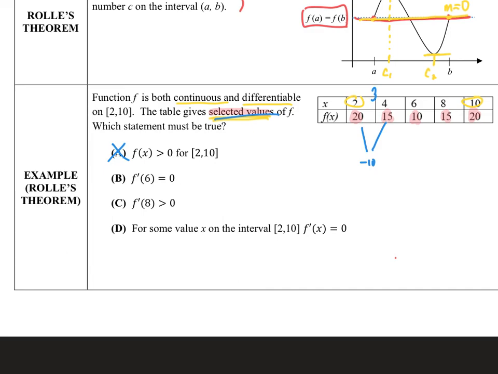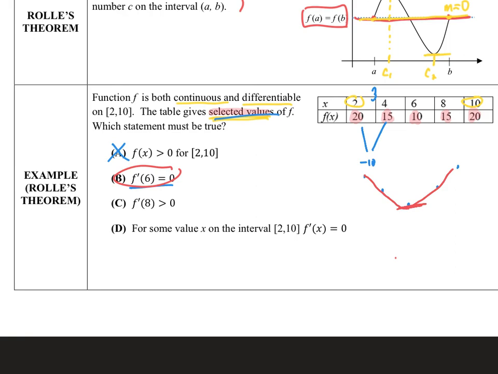And option B says f prime of 6 equals 0. If you think of this thing graphically, at 2 I'm at a value of 20, and at 4 I go to 15, and at 6 I go to 10, and at 8 I'm back up to 15, and at 10 I'm at a 20. If you think of it graphically, you might mistakenly think that since these points line up like this, I hit a minimum value, and that's pretty much what this is saying, that I have a derivative of 0, which indicates a minimum value here.